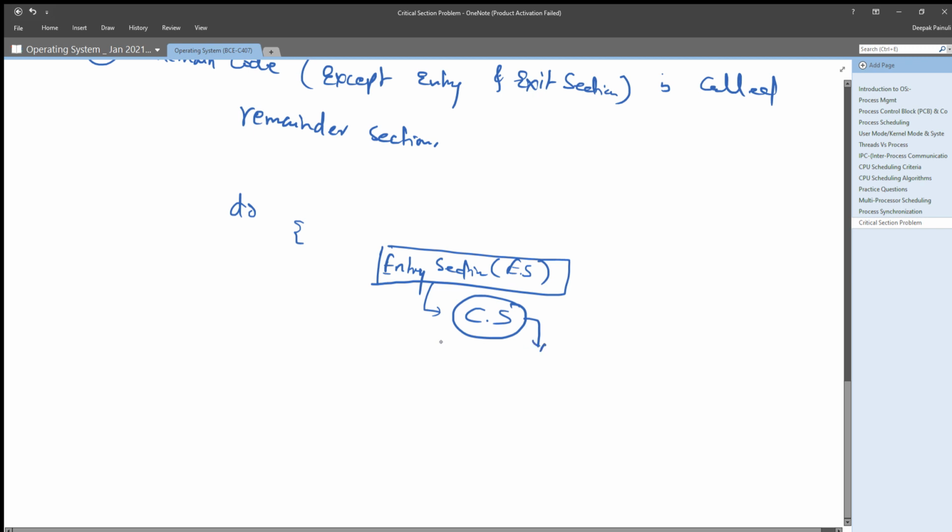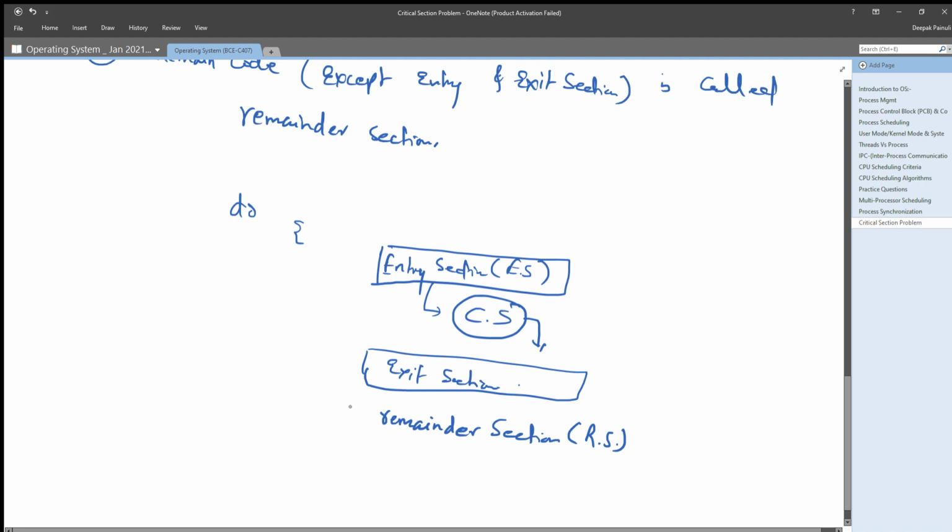After that, the process will get into the exit section, and except these three sections, the remaining code will be the remainder section, or RS, right?